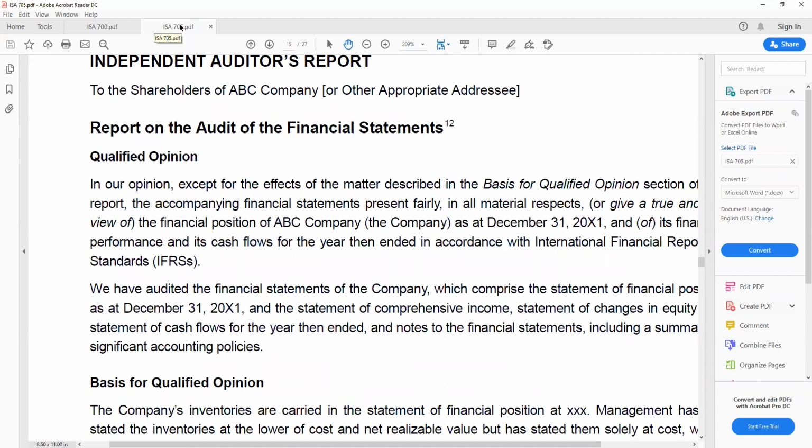This is an example. I'm going through the opinion paragraph. In our opinion, except for, so don't forget, we are trying to give an exception. In our opinion, except for the effects of the matter described in the basis for the qualified opinion.